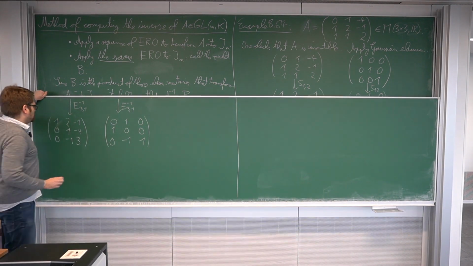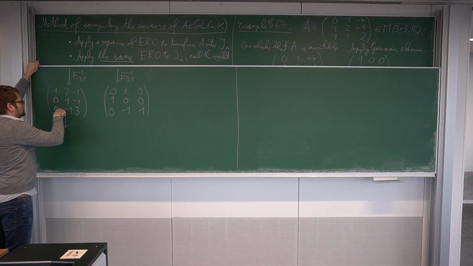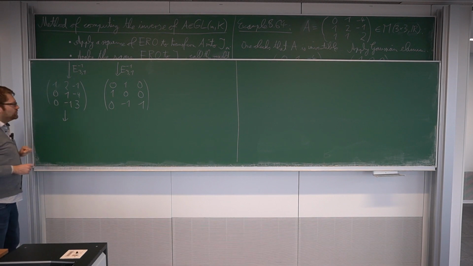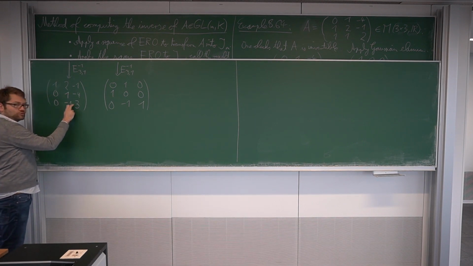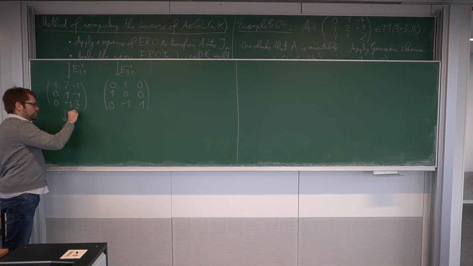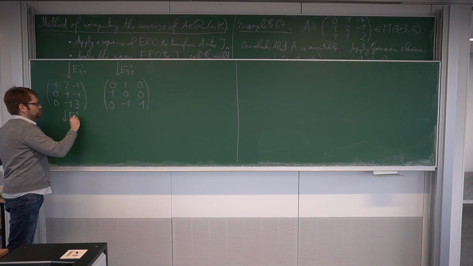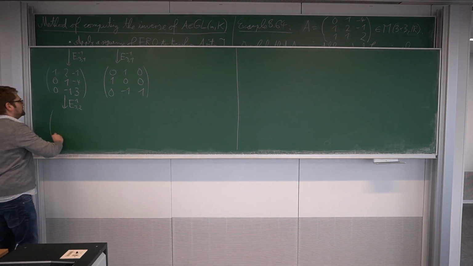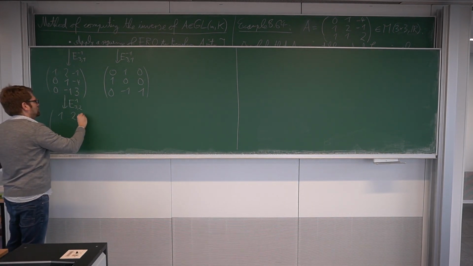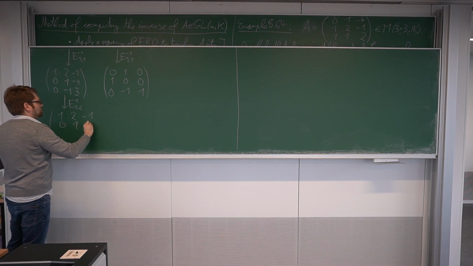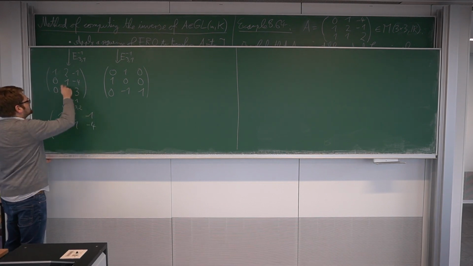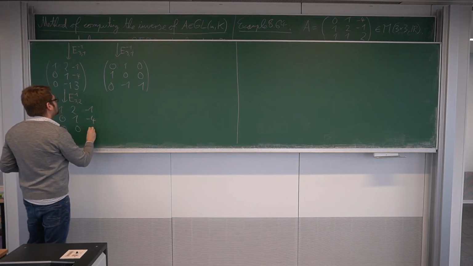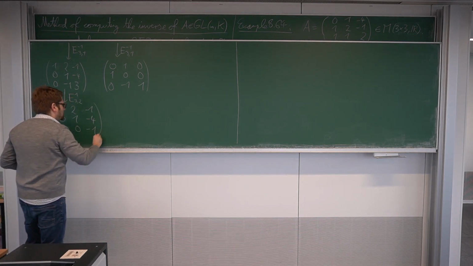Okay, so what next? This one is a pivot, and now we have to make the second one a pivot. Because the numbers work well, we just have to add the second row to the third row, the one-fold multiple. So here we get 1, 2, minus 1, 0, 1, minus 4, and in the third row 0, 0, and then add this to this, so this is minus 1.